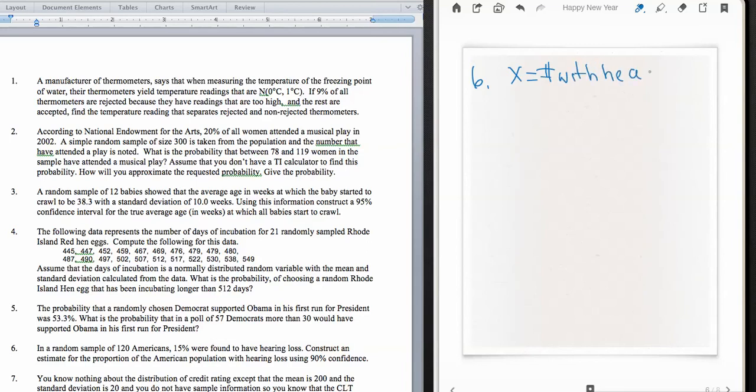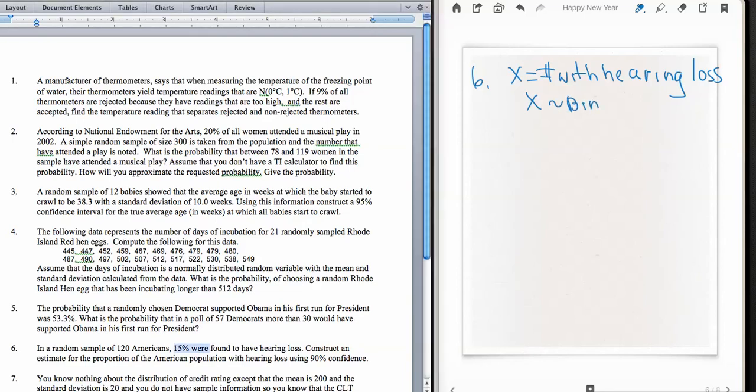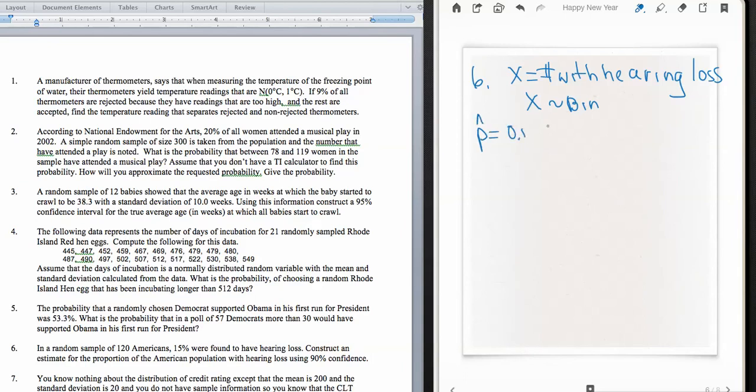Well, that seems to be indicating that I have x's, which are the number with hearing loss, right? I have these x's being distributed binomially because of that 15%. So this is telling me my sample proportion is 0.15. And my n, my sample of Americans, is 120.